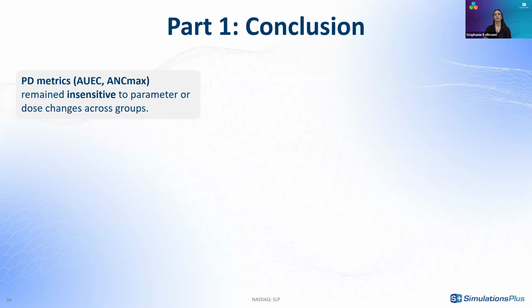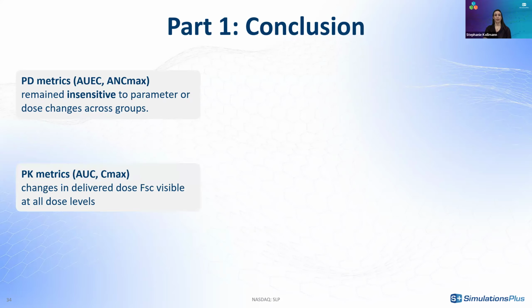And that's consistent with the feedback between ANC and pegfilgrastim elimination. Looking at PK, changes in delivered dose are clearly reflected in the exposure metrics, AUC and Cmax. And this effect is visible at all dose levels. So if the biosimilar delivers slightly more or less drug than expected, PK will pick that up reliably.